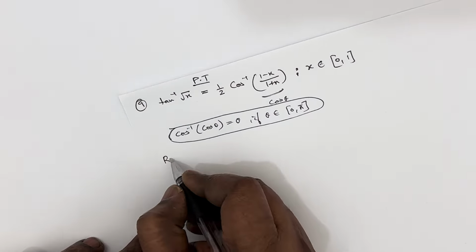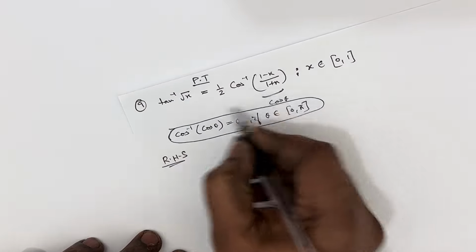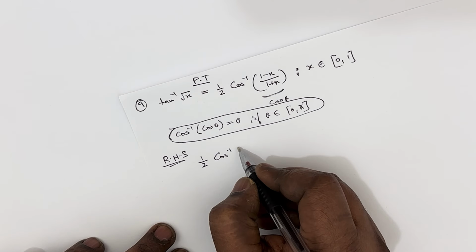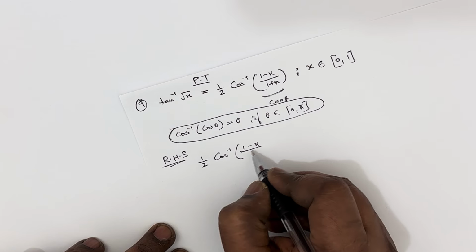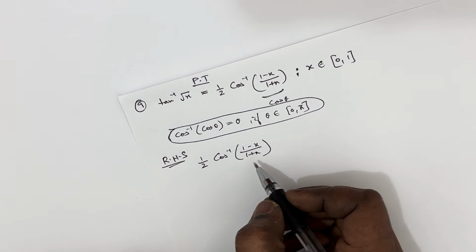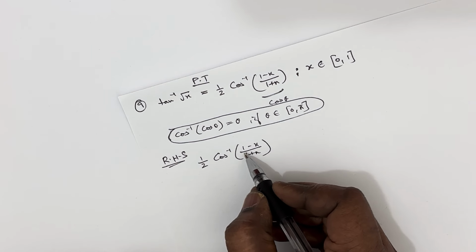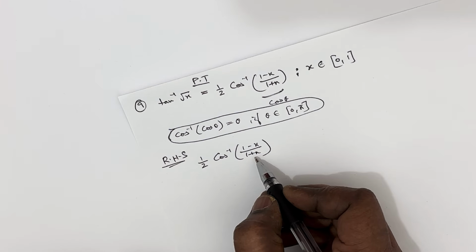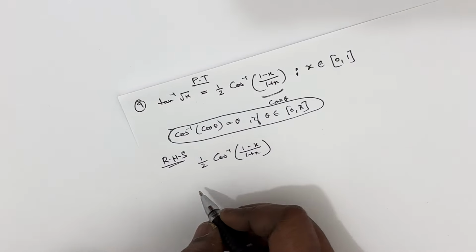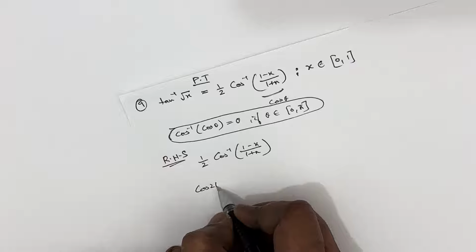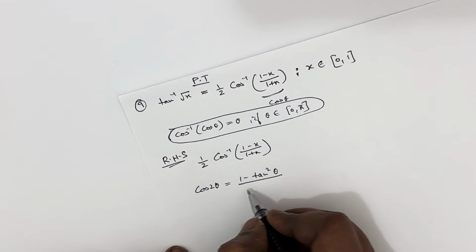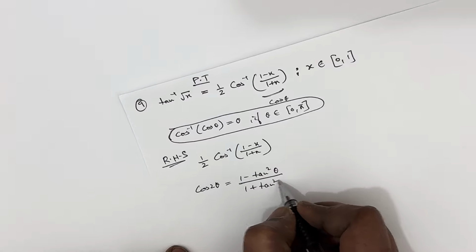Let's take the right hand side, that is RHS: 1 by 2 cos inverse of (1 minus x) whole divided by (1 plus x). Again, this expression 1 minus x by 1 plus x resembles a trigonometric formula, that is cos 2 theta is equal to (1 minus tan square theta) whole divided by (1 plus tan square theta).